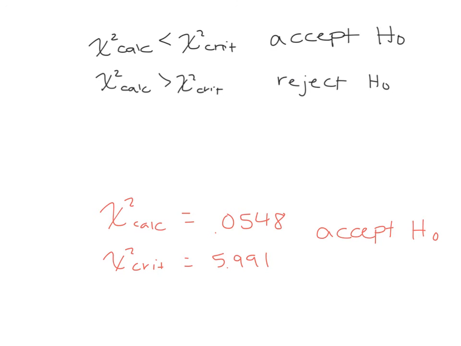Since we're accepting that null hypothesis, we're saying that yes, they are indeed independent, they are not associated. Had we had a chi-squared calculated statistic that was greater than the chi-squared critical value, then we would be able to reject the null hypothesis. And if that were the case, that would say that the two variables were associated. And so that's how we decide whether the two variables are independent or if they are associated.